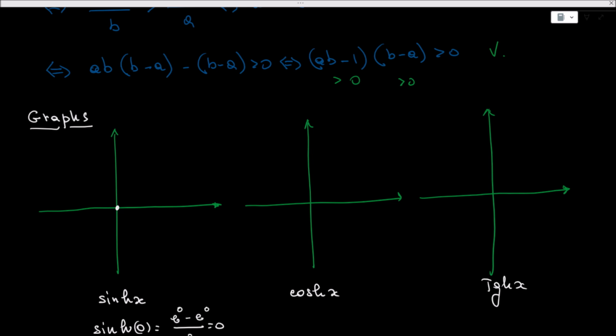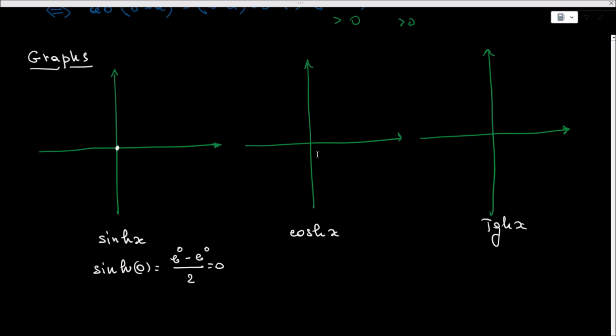So we know that the graph of the function will pass through 0. We also know that the tangent at 0 is going to be basically the derivative of the hyperbolic sine.